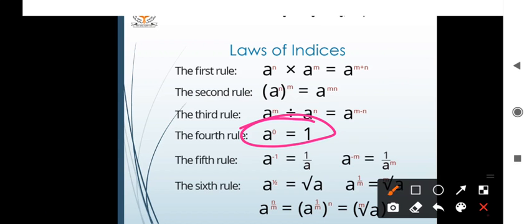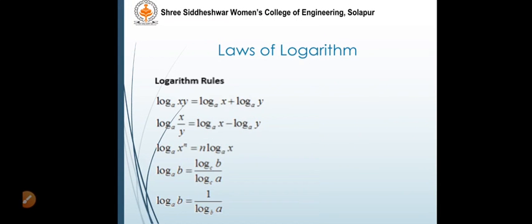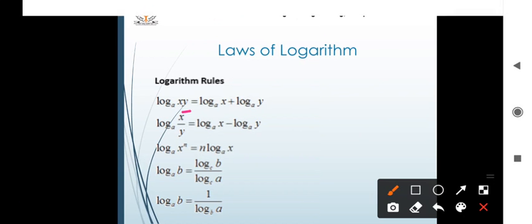Now, corresponding to laws of indices, we have learnt laws of logarithm in standard 9. The laws of logarithm are very similar to the laws of indices. Here, the first one is log of xy to the base a. This can be written as log of x to the base a plus log of y to the base a.